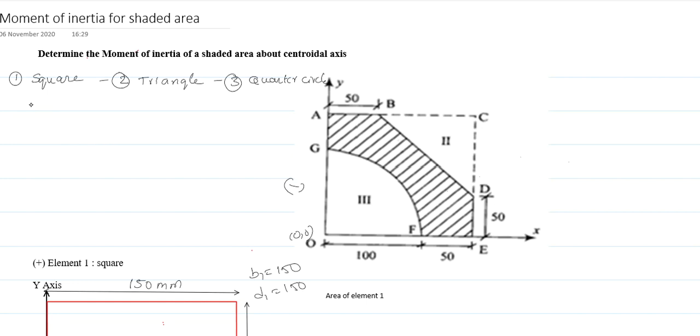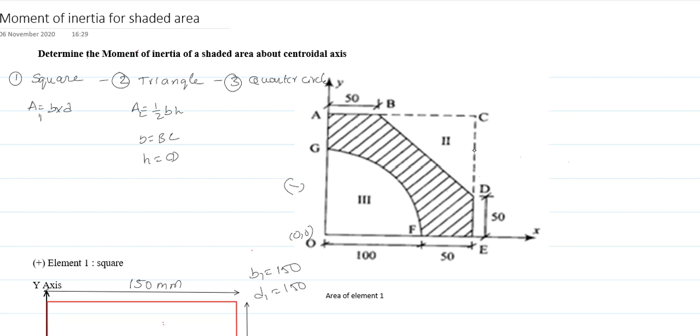So first of all you must know the following formulas before going to solve the problem. Number 1, area of square, that is A1, is equal to base into depth, so both are equal, b square or d square. And the area of triangle, A2, is equal to half into base into H. Here BC is our base, where B is equal to BC, H is equal to CD.